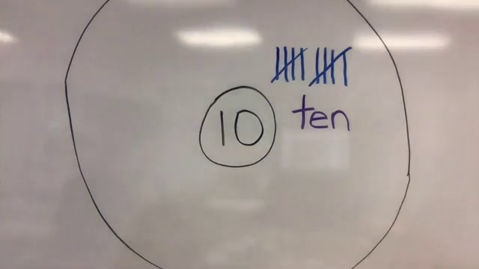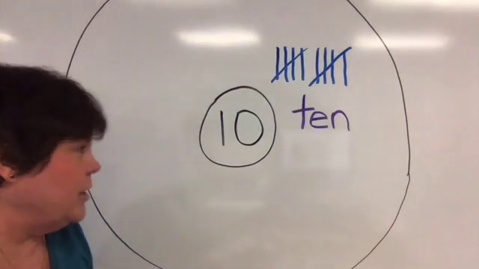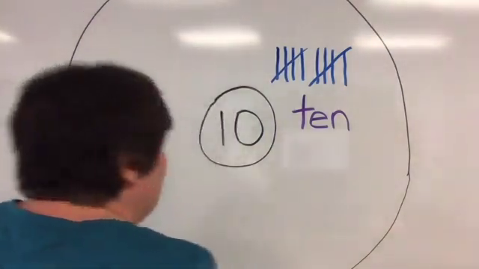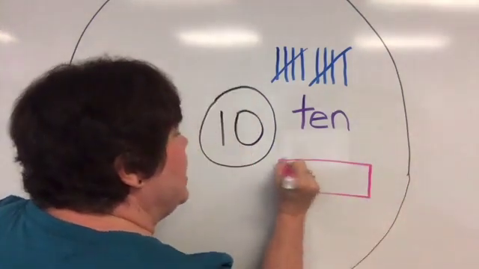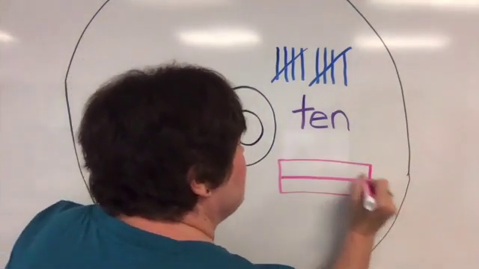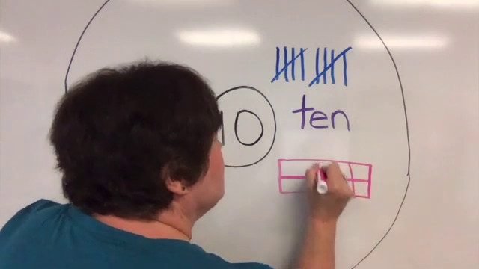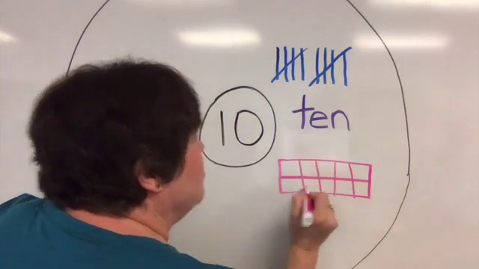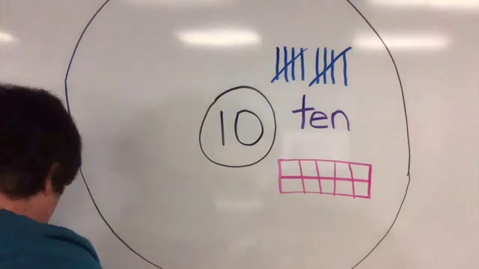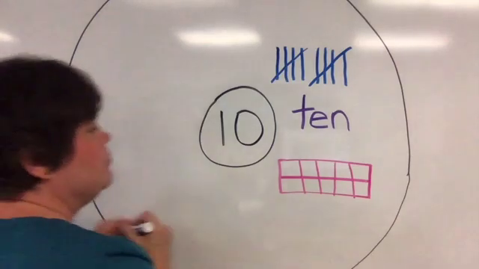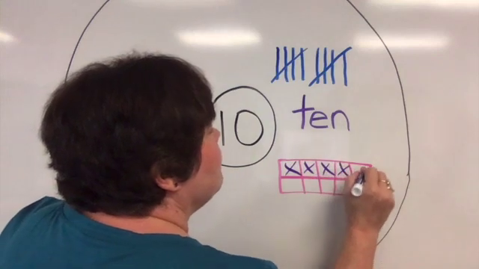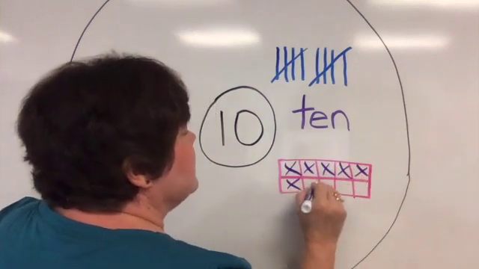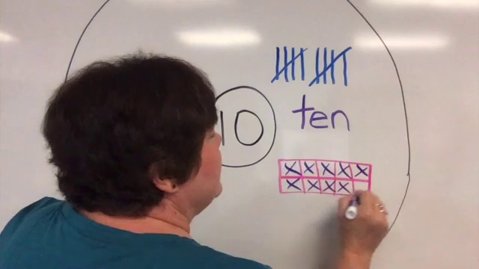is 10. We could do the 10 frames, which would be fun because we'd have to mark 10 in our 10 frame. 1, 2, 3, 4, 5, 6, 7, 8, 9, 10.